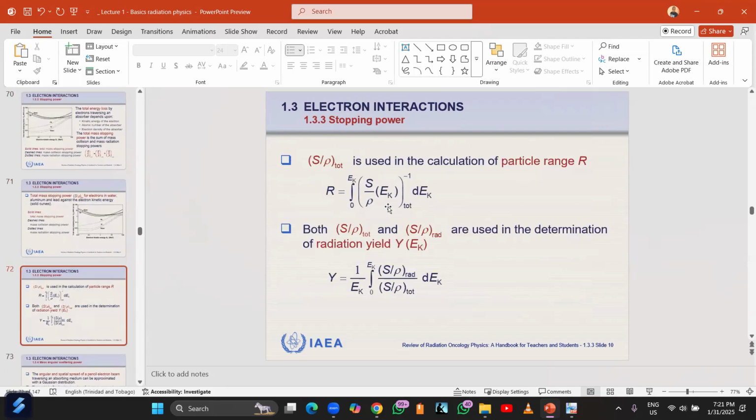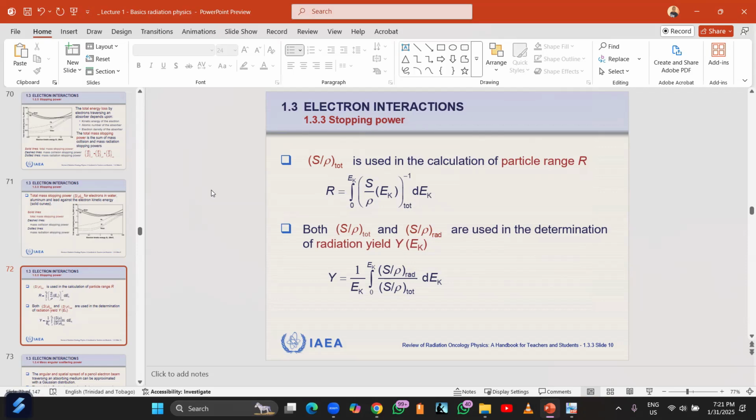It's a range that incorporates the density, because the density is already part of the mass stopping power. So your range will be like square centimeter per gram or something like that.